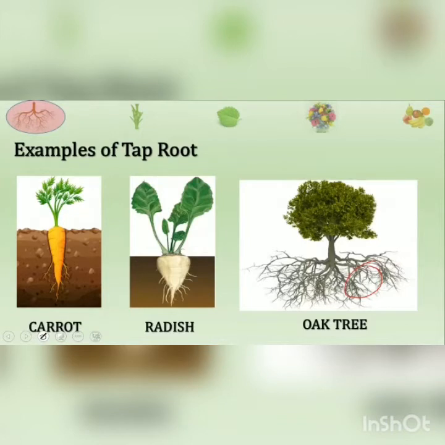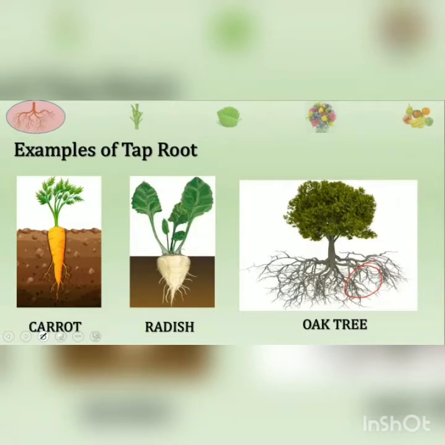But after one or two years, the main root system changes to a wide spreading fibrous root system with horizontally growing surface roots, only a few deep, anchoring roots.